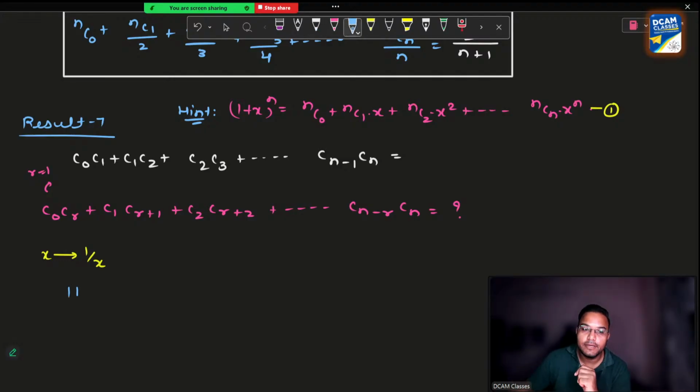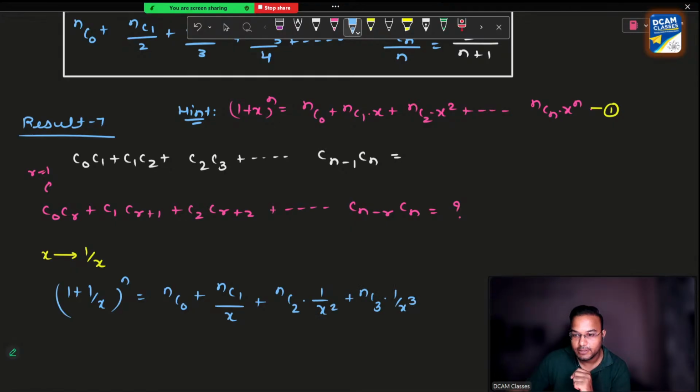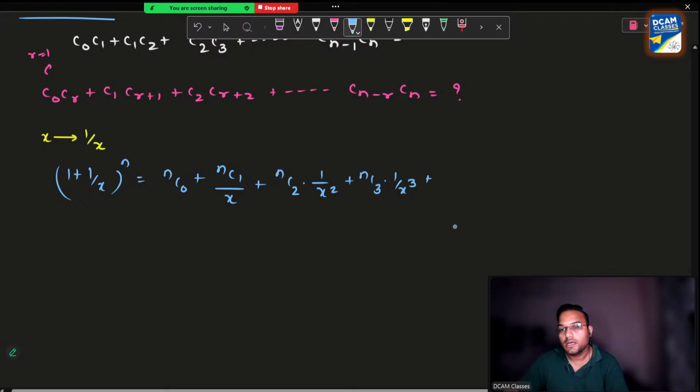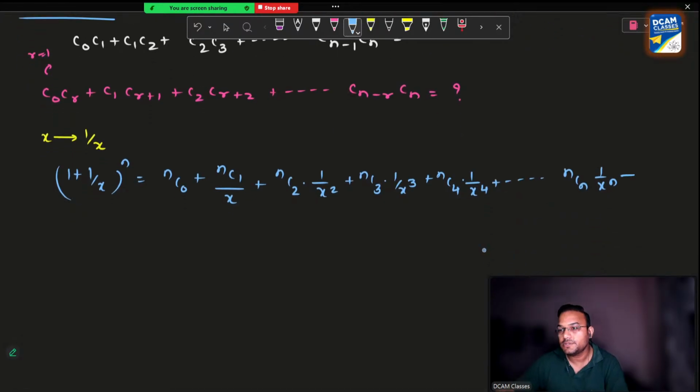You'll get 1 plus 1 by x whole power n is equal to nC0 plus nC1 upon x plus nC2 upon x square plus nC3 into 1 by x cube, and so on up to nCn 1 by x power n. The above was your first equation, this has become your second equation.